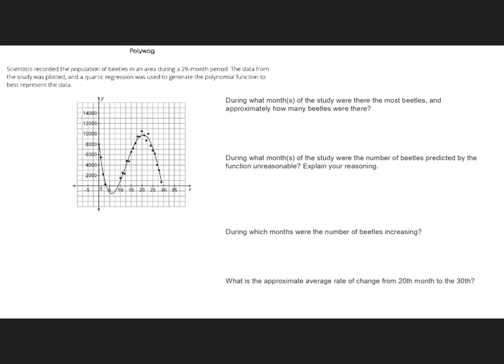All right, scientists recorded the population of beetles in an area during a 29-month period. The data was plotted, and quartic regression was used to generate the polynomial. During what months of the study were there the most beetles, and approximately how many beetles were there? So the most beetles, it looks like, occurred up in here, so around month 20.